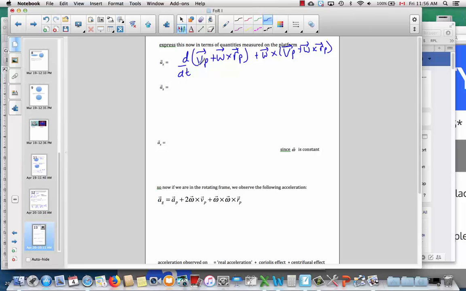Okay, so clearly we have some work to do. Now, it should be emphasized this rate of change was with respect to the platform. So I should have a little p there somewhere.